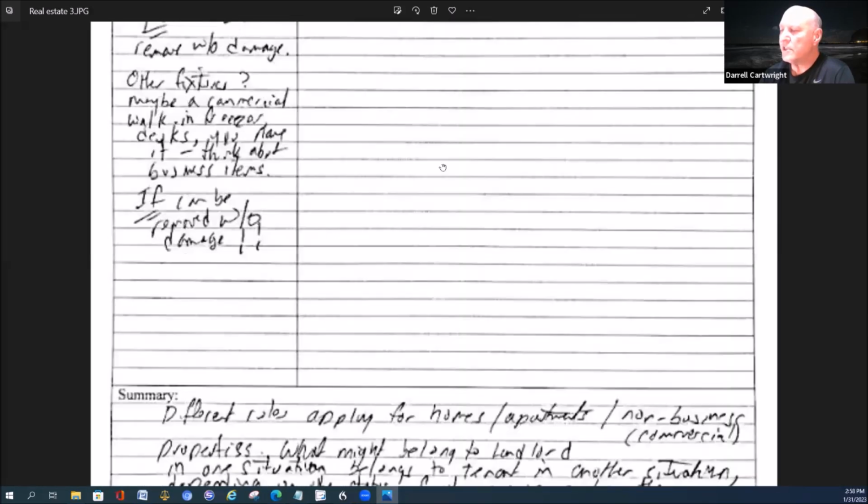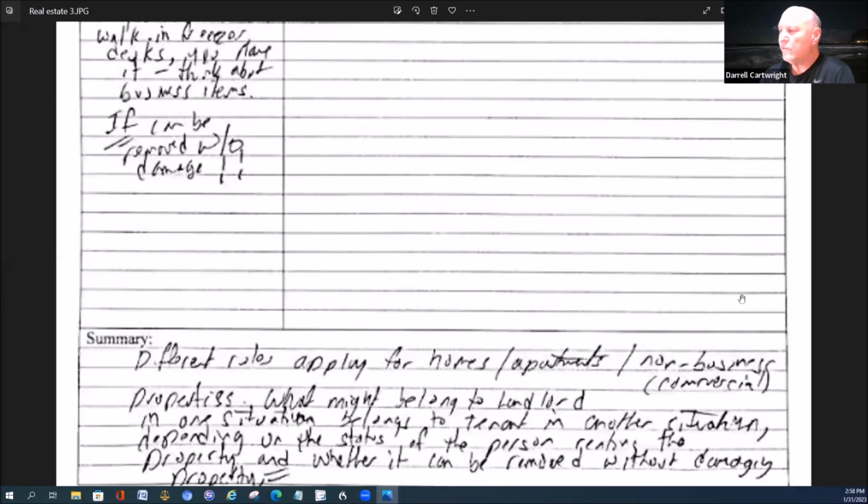I would tell myself that different rules apply for homes, apartments, non-business, commercial type property. What might belong to the landlord in one situation belongs to the tenant in another situation, depending on the status of the person renting the property.